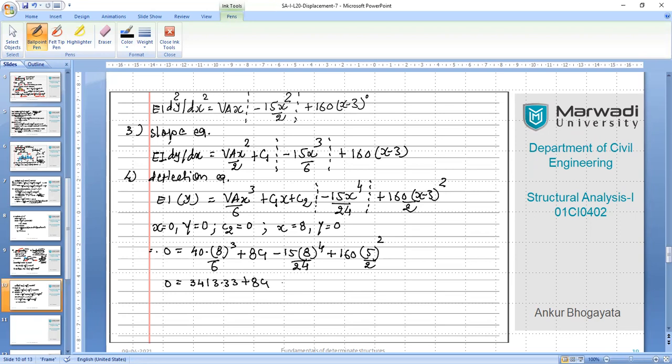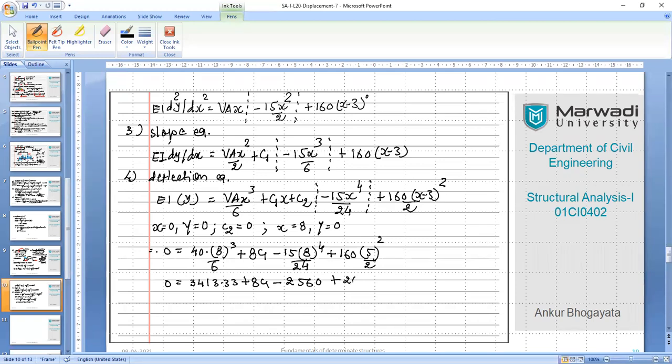Plus 8 C1, minus 8 raised to 4 into 15 divided by 24. So that gives you 2560, plus the square of 5 into 160 by 2 gives you 2000.